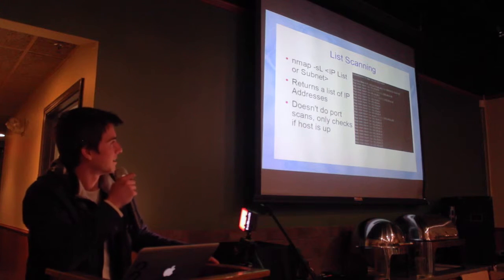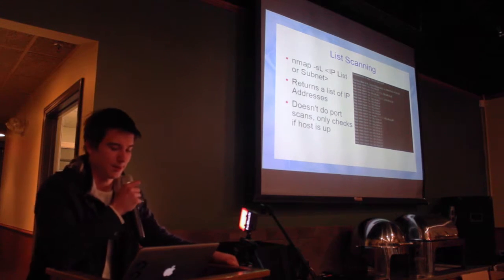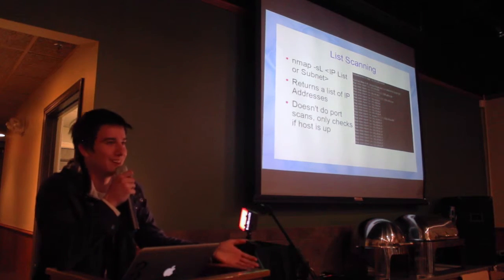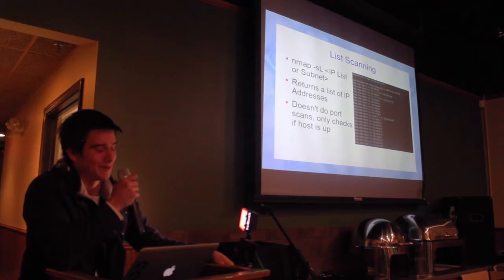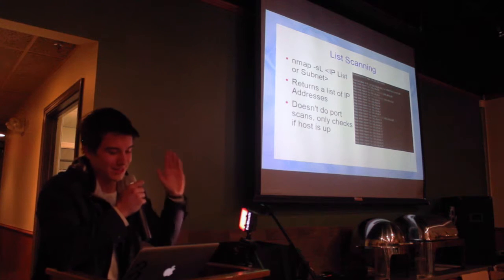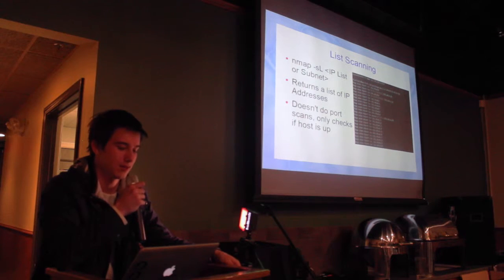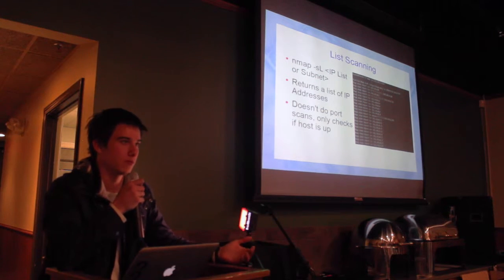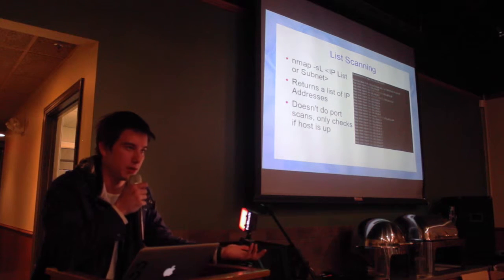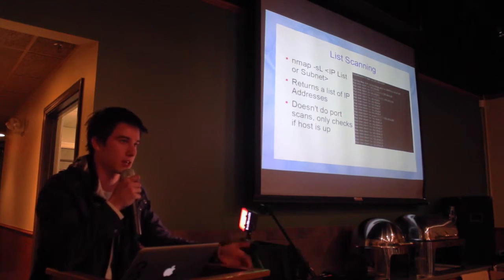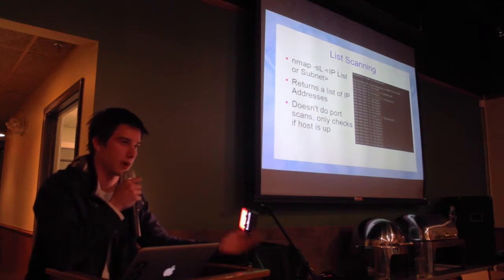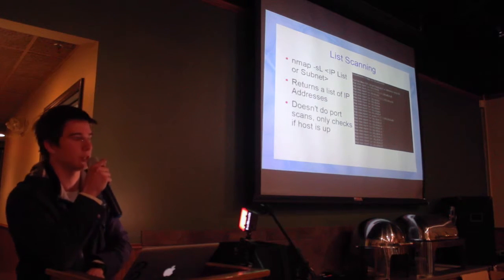I'm sorry, that's as big as I can blow it up. Basically, all this is just a list of IP addresses and names of what devices live at those IP addresses from the network. There's no packets sent to the actual devices themselves. It's just from the router to whatever scanning machine you use.